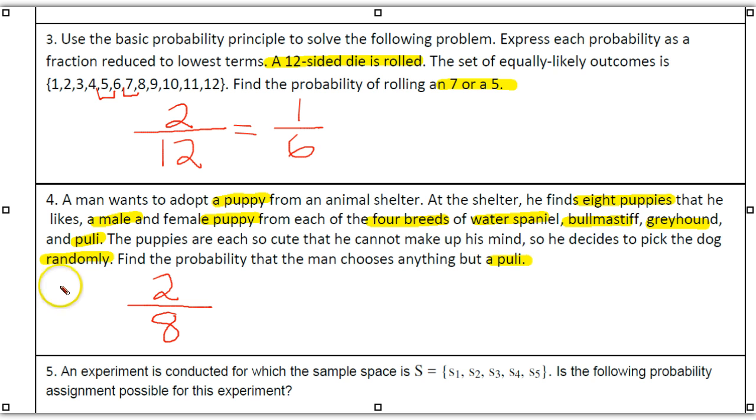So if we subtract that from a 1, that's one way to do it. And our 1, remember, is going to be 8 out of 8. We then get 6 out of 8, which reduces to 3 out of 4.